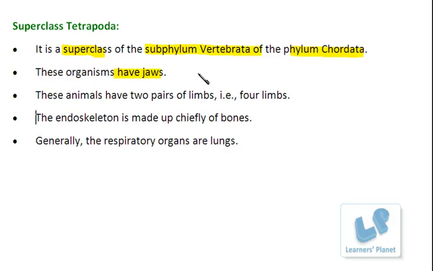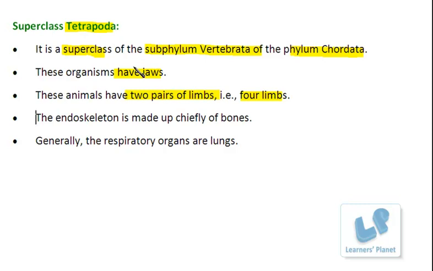And the most important point for this superclass is that the animals have two pairs of limbs. That means what? They have a total of 4 limbs. And since they have 4 limbs, they are named tetrapoda. Tetra means 4, and poda means foot.